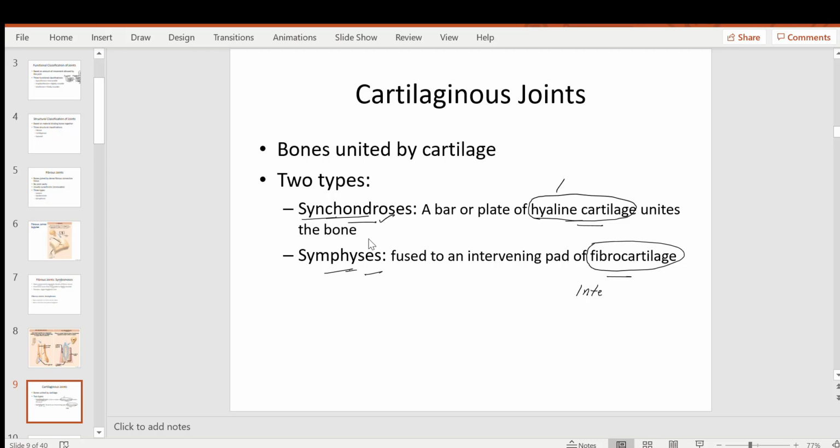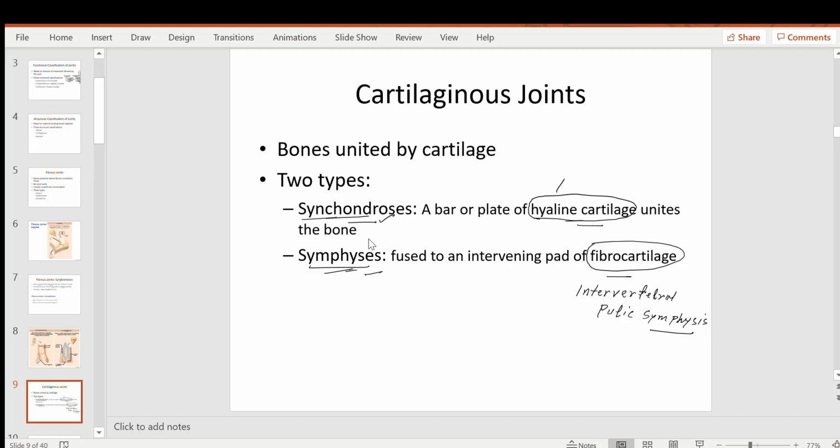So that is a symphysis, the intervertebral joint. Another is the pubic symphysis. Two hip bones are connected by the pubic symphysis, which is also a symphysis type joint.